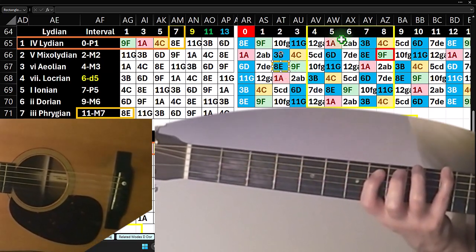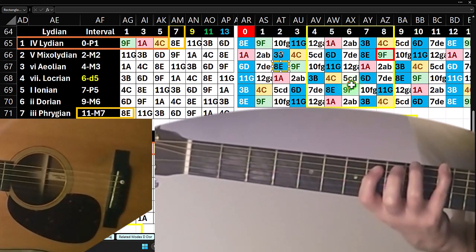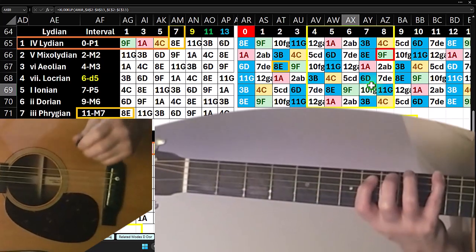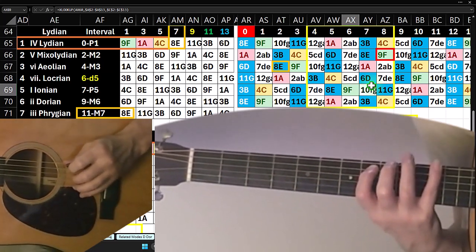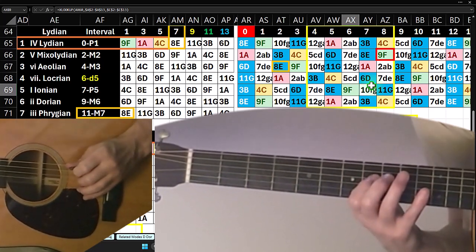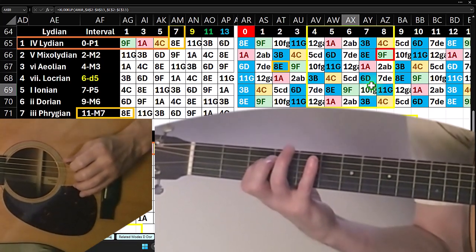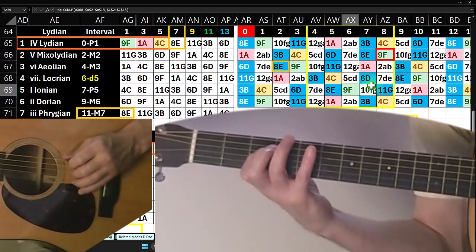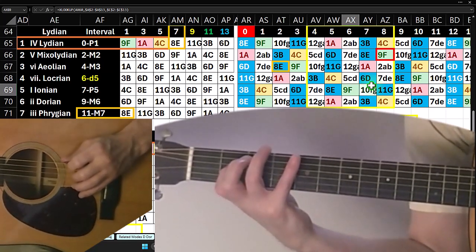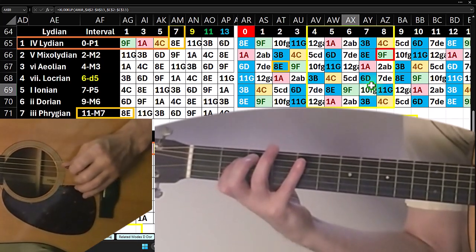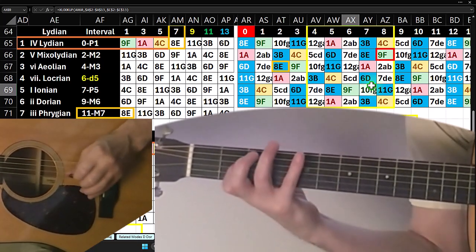So that would be 1, 2, 3, 4, 5, 6 frets back. So this is the one that's right in the middle. It's going to be 6 frets back and 6 frets forward. So if I go down 1, it'd be 5, and then 4, 3, 2, 1, 0, or 12, and then back to 11. So top to bottom is going to be boom.